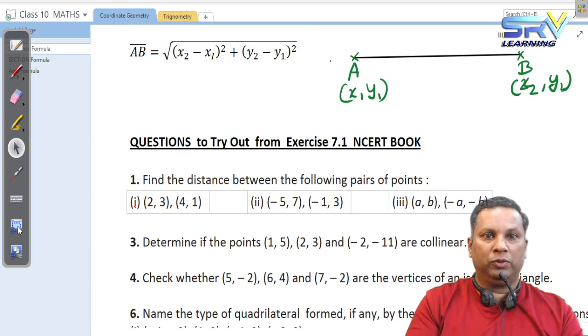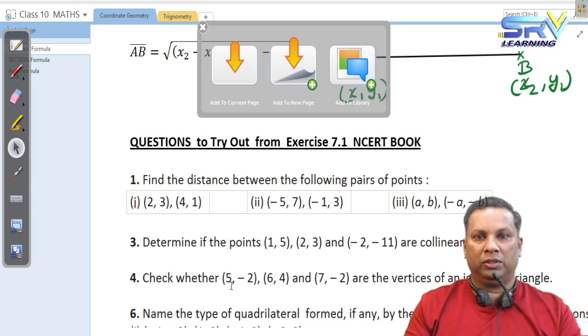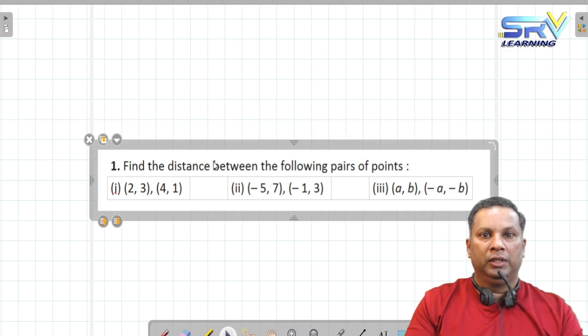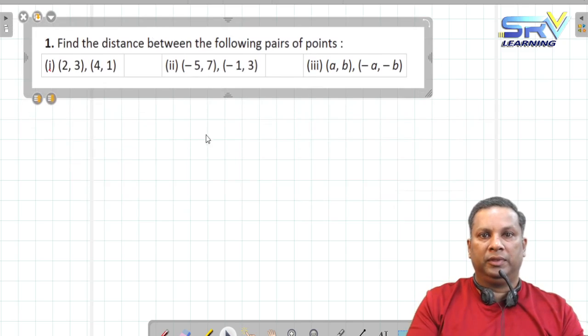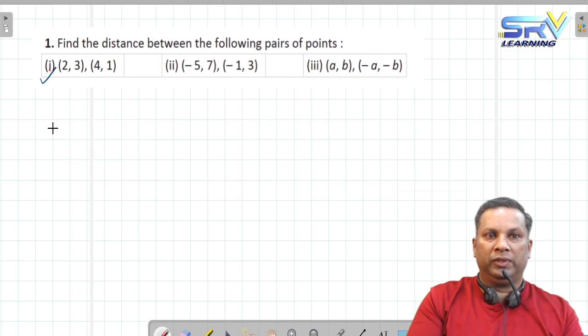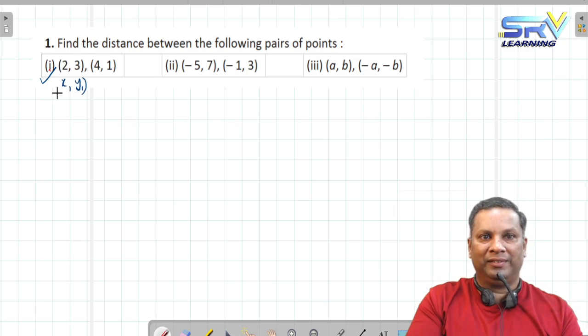So we'll pick up the first question and we'll try to do one of the parts of this, or first two parts. Let us see. Okay, so now we have this. So which is x1 y1? So let us do the first question first. So here I would say that this is x1 and this is y1. Okay, and the second point which is given will be x2 and y2.